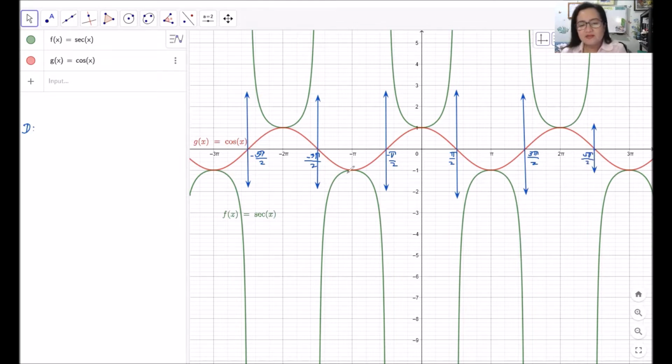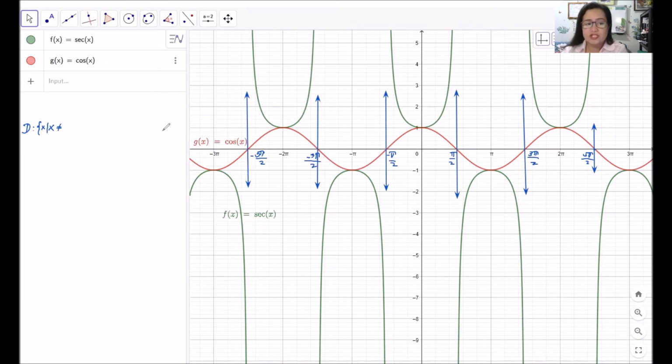Now looking at these values, -5 pi over 2, -3 pi over 2, -pi over 2. On the positive side, we have pi over 2, 3 pi over 2, 5 pi over 2. We can formulate the general description of the domain of the secant function. So the domain of secant x is the set of all x's such that x is not equal to these points, -5 pi over 2, -3 pi over 2, and so on.